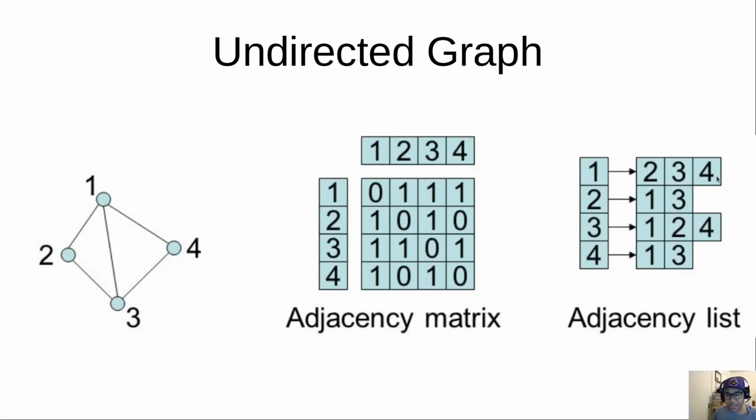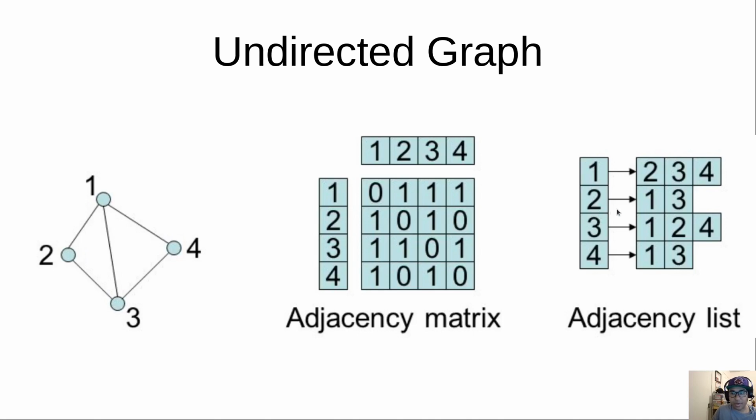So what's an adjacency list? It's a linked list, and you just put the nodes in the linked lists. For example, here at 1, this represents the 1 vertex. In the 1 vertex, we put the nodes that are connected to 1, which is 2, 3, and 4. And the same for 2.